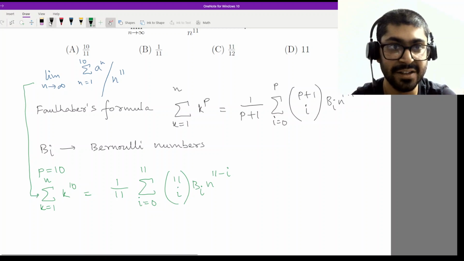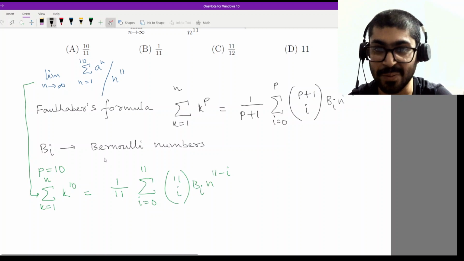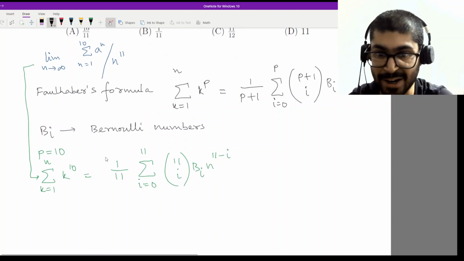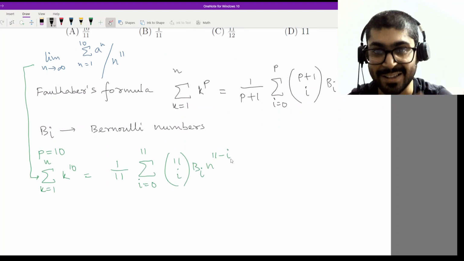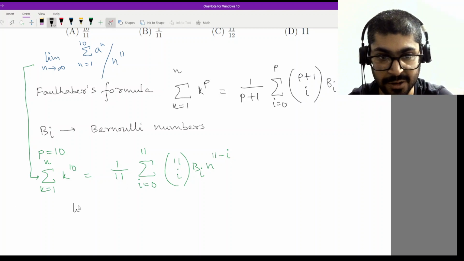So once I have done that, there is also one more component in the entire sum, which is dividing by n to the power 11. So if I divide by n to the power 11, you can see that only the coefficient of the leading term will remain, right? So let me explain this to you. Now limit n tends to infinity.